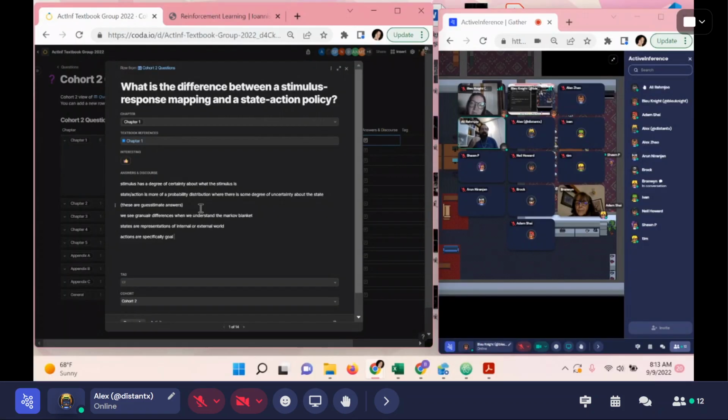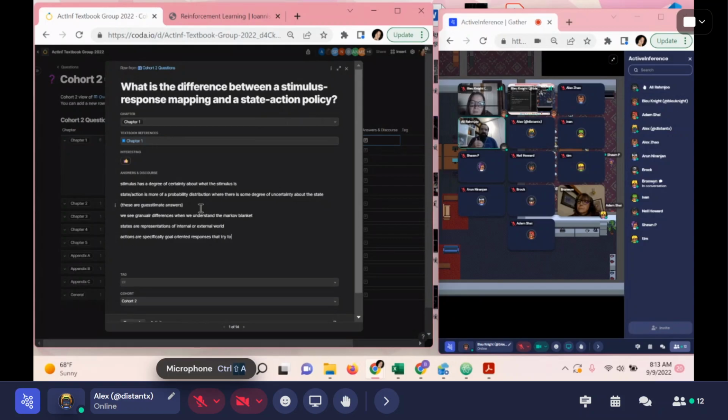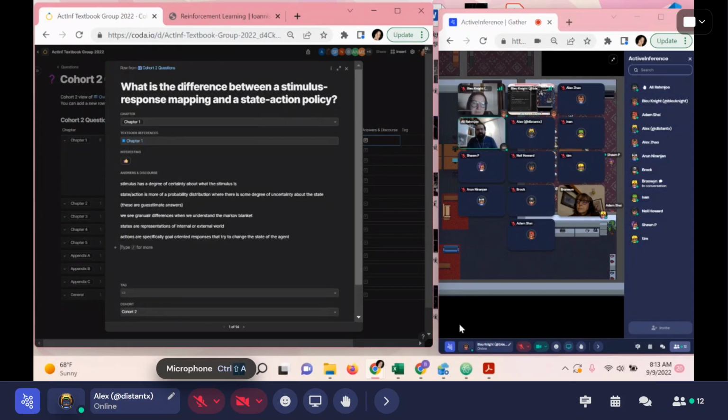And actions are goal-directed, goal-oriented responses that try to change the state of the system or the agent. But a stimulus response mapping's response doesn't necessarily try to change the state of the agent. As an example, if you touch a hot object, the pain you feel is just a response, right? But if you move your hand away from that hot object, it's an action which tries to change the stimulus.